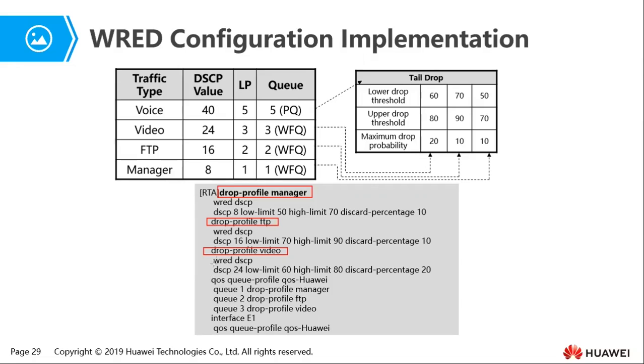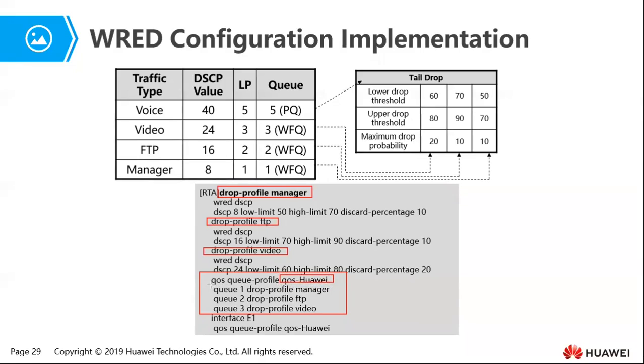After we've done setting up the drop profiles, we can also create the queue profile, using the command qos queue-profile, then the name of that queue profile.